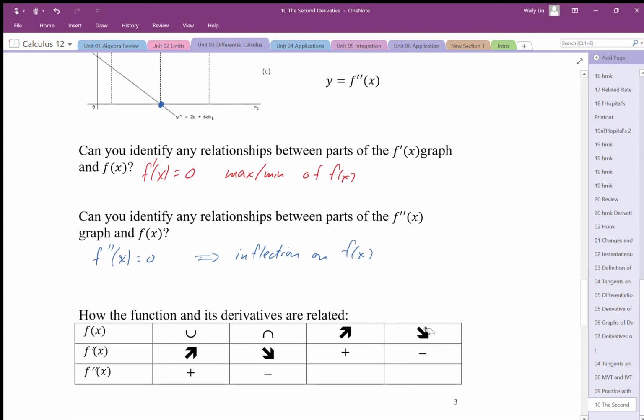So here we have the regular slope chart, our relationship between the first derivative and the original graph. Positive first derivative means positive slope. Negative first derivative means negative slope. And you see that same relationship happening between the second and first derivative. But now we can make this connection all the way from the second derivative, to the first derivative, back to the original function, and it tells us something about curvature.